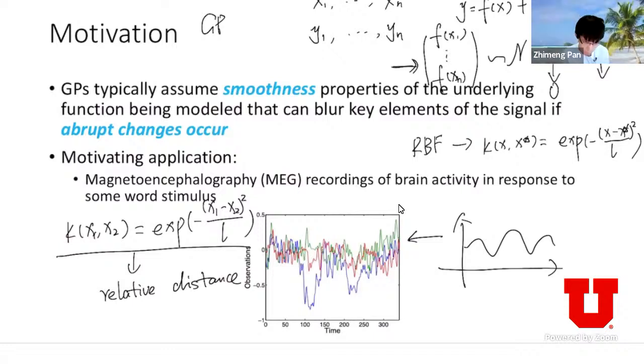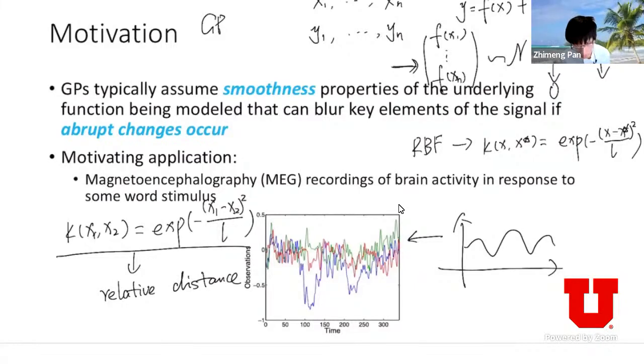Okay, so the three lines are three measures, or three samples, and each sample is actually a noisy line. Here you can call it a trial. Yeah, in each trial there are many samples.